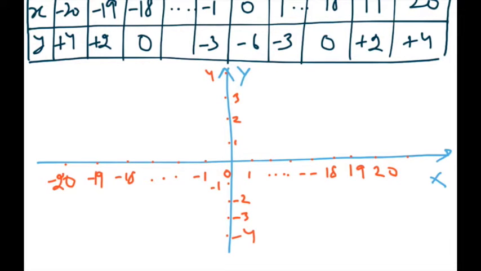Okay, so when x is minus 20, right, y is 4. So let's draw this. So it's here. When x is 19, y is 2. When x is minus 18, y is 0. When x is minus 1, y is minus 3. So let's draw this.